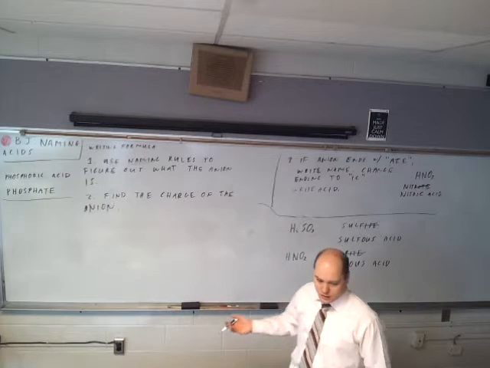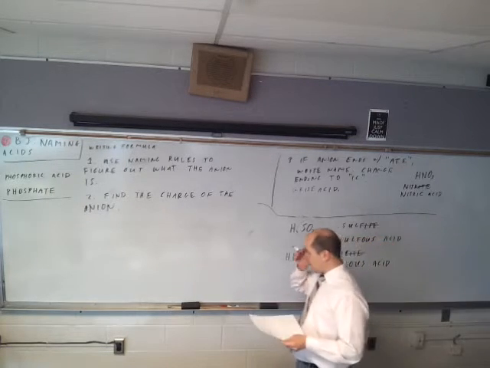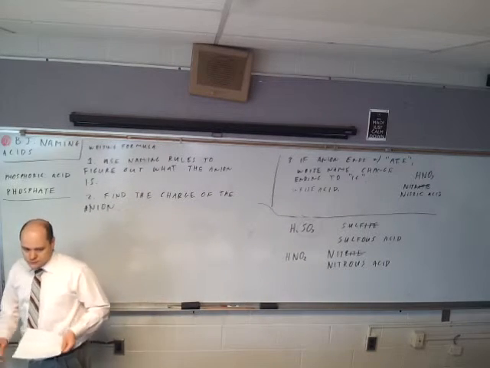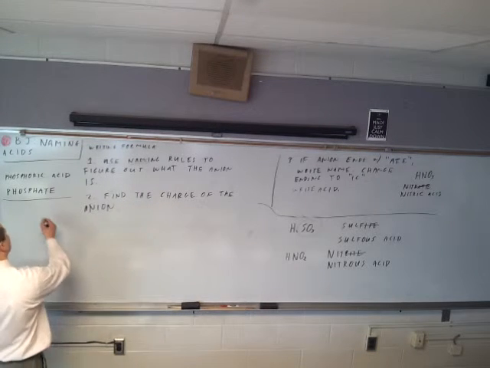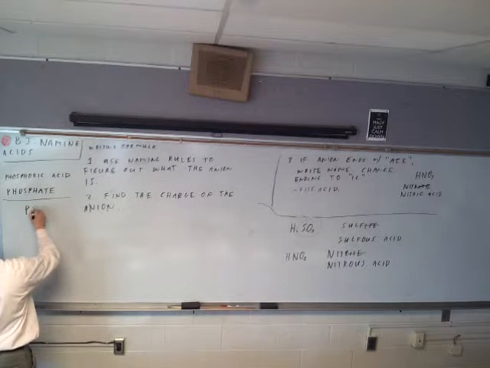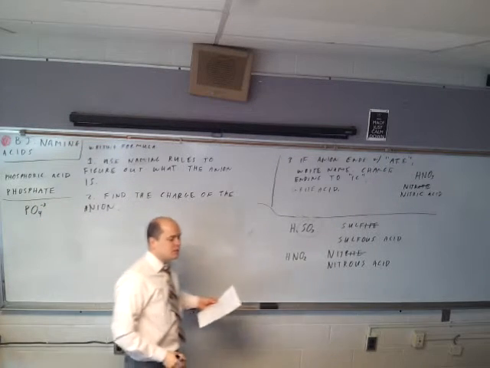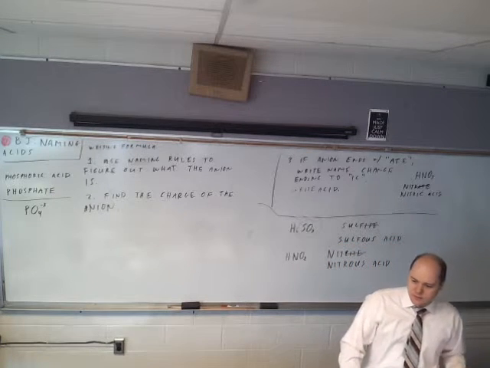If it's polyatomic, you just look it up on page 257 and tell me what the charge is. It's only a few numbers, just guess a few. It's -3. Phosphate's -3, so PO4 3-. You find that on page 257.